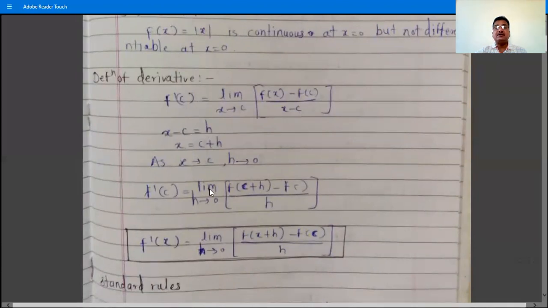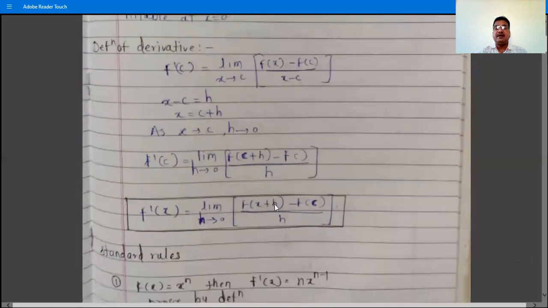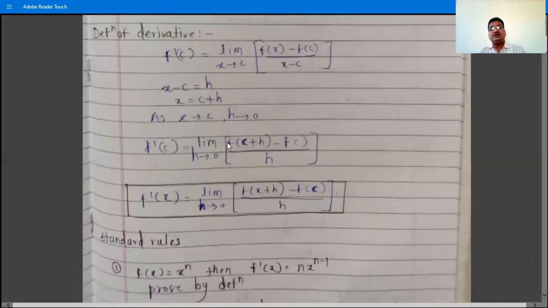And so f'(c) is equal to limit h tends to 0, f(c plus h) minus f(c) divided by h. So this is another form of this definition. f'(c) is limit x tends to c of f(x) minus f(c) divided by x minus c, or write f'(c) is equal to limit h tends to 0 of f(c plus h) minus f(c) divided by h.